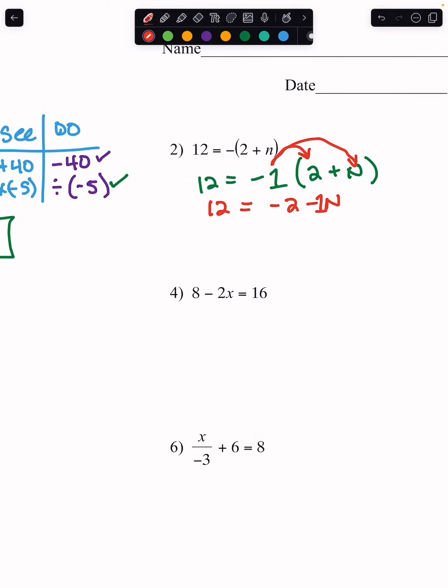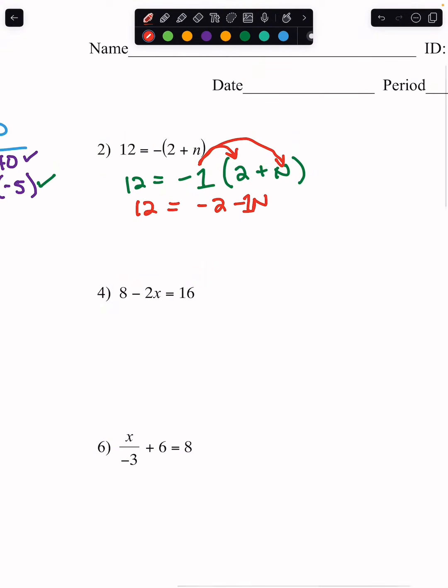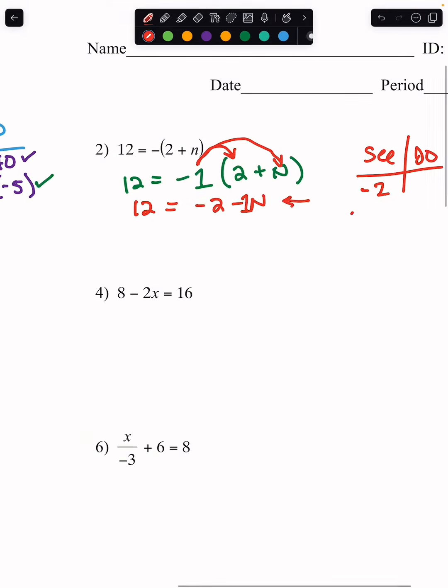Okay, let's look at what I see and what I do. I see a minus 2, and I see a times negative 1. Which means I'm going to add 2, and then I'm going to divide by negative 1.